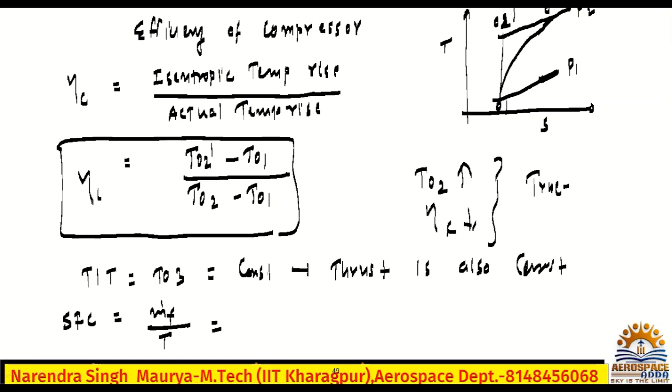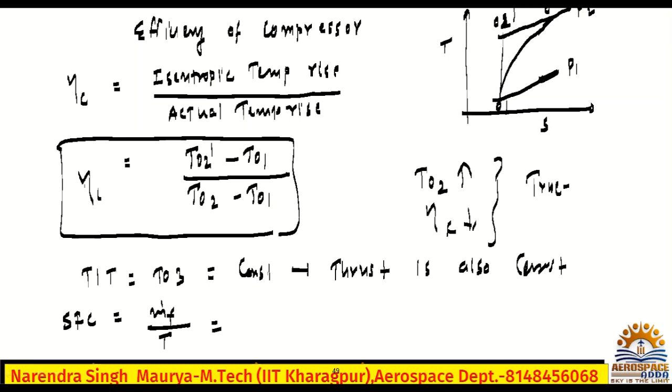The actual temperature rise is greater than the isentropic temperature rise, hence your efficiency is decreasing. So now your compressor is not so efficient at raising the temperature, so that you can make TIT constant. Now what do you need to do? You need to burn more fuel in the combustion chamber to make TIT constant.